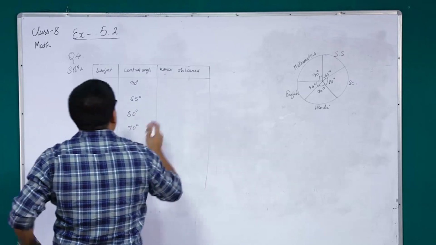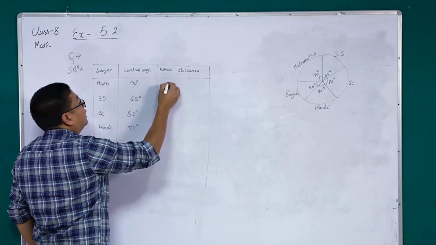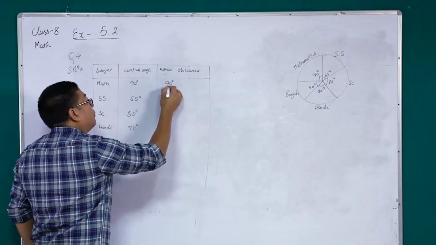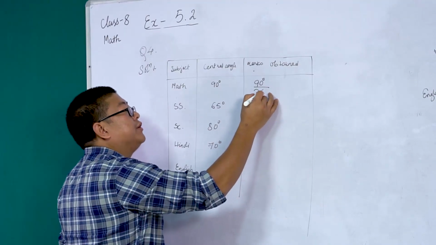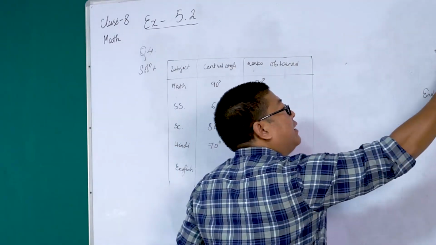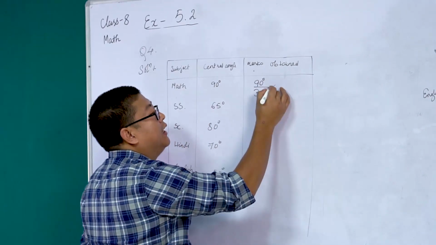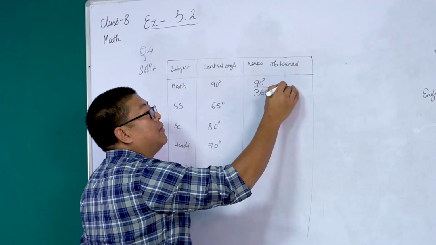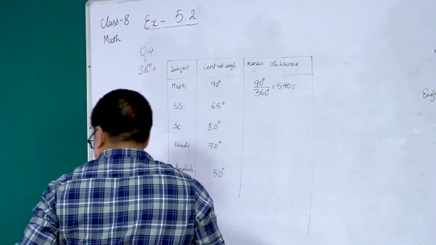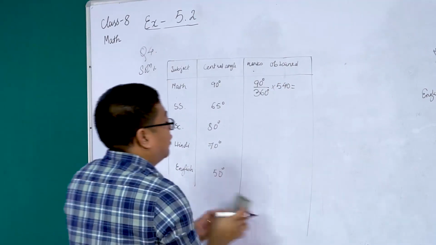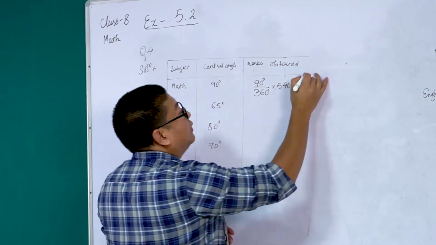So the first one will be 90. So 90 by, we have to use 360 because 90 out of 360. A circle's total angle is 360, into the total marks obtained. This is the total marks obtained, 540, it is already given in the question.